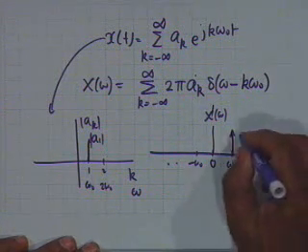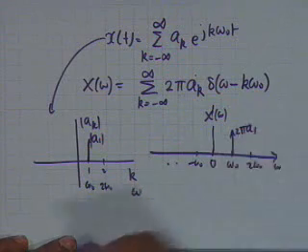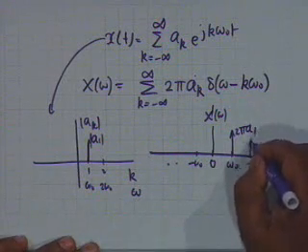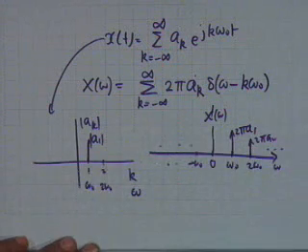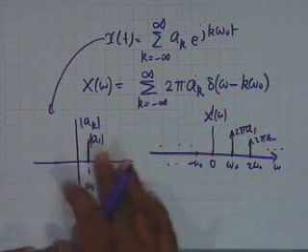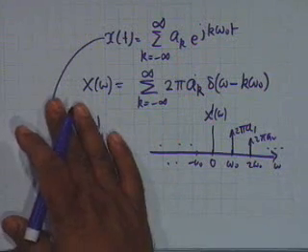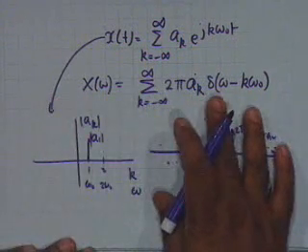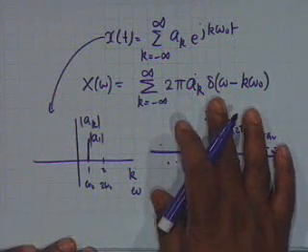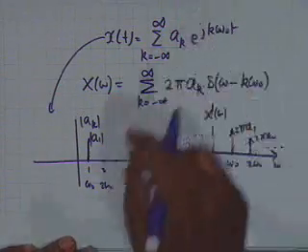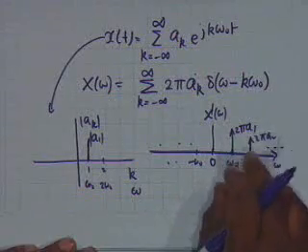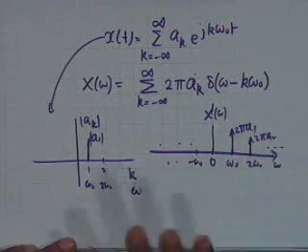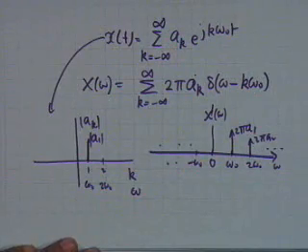So there is a scaling factor of 2 pi. Similarly, the impulse here shall be 2 pi a_2 and so on, on both sides. You see the similarity between the Fourier series and the Fourier transform of a periodic function. In terms of the Fourier series, the spectrum is a line spectrum. In terms of the Fourier transform, the spectrum is discrete but not a line spectrum. Instead of a line, you have impulses.